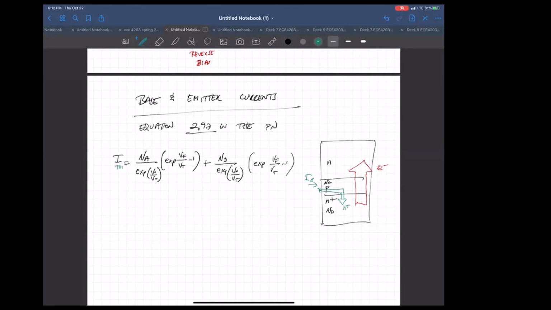So this is the total current across the base emitter junction. Basically, the current going across this junction is made out of a hole current plus an electron current.